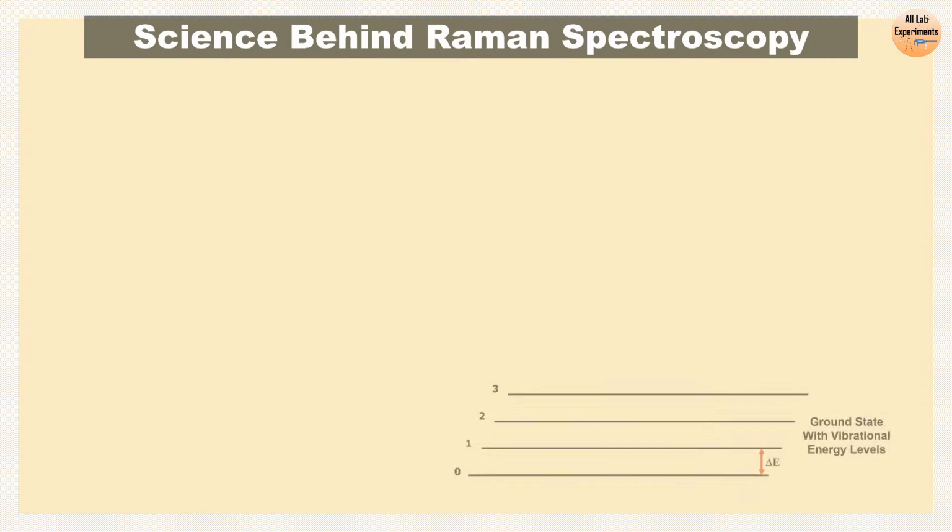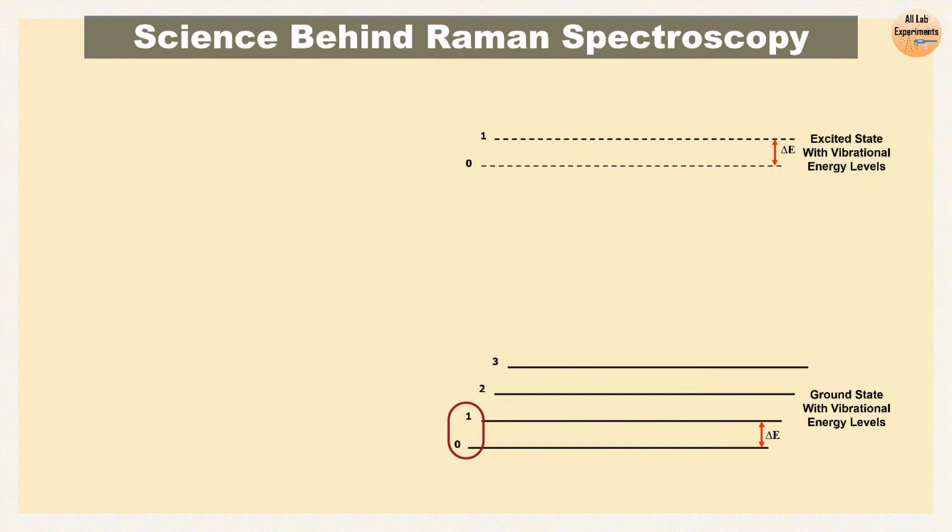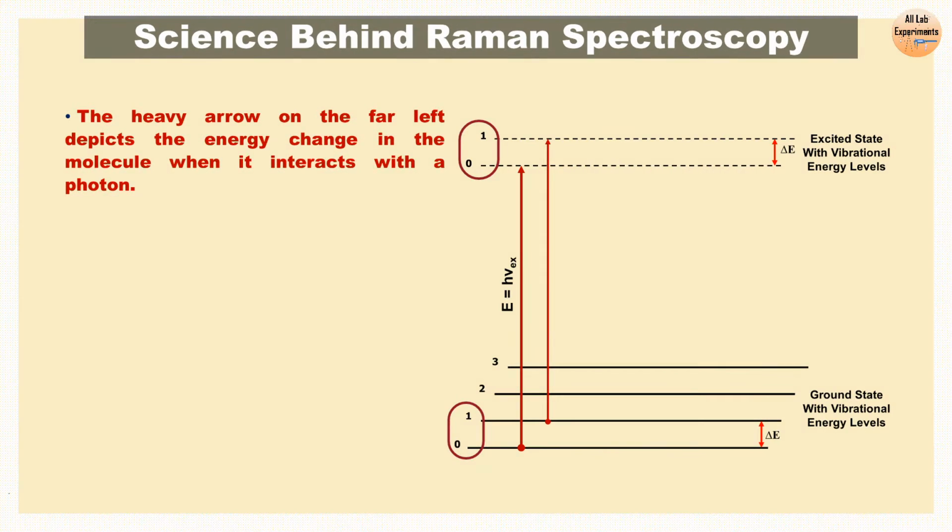Now let's look at how an electron transits from a lower to a higher level. Near the bottom we can see the ground state vibrational energy levels, and near the top we can see the excited state energy levels. First we are illuminating the sample with a certain light. Because of this light, electrons are getting excited from the ground level to the higher levels, which we can see as the leftmost arrows.